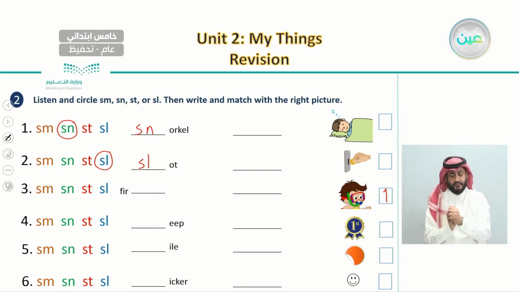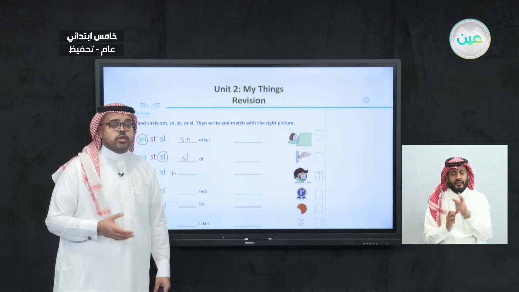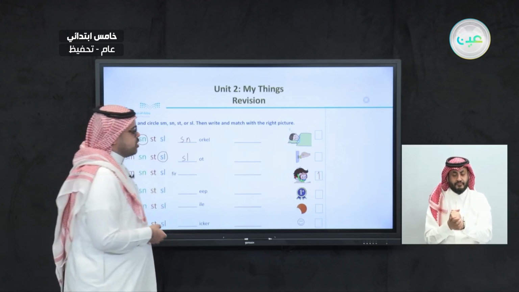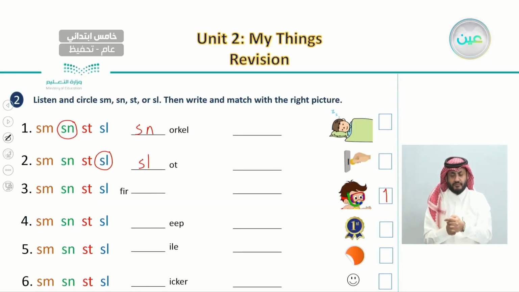And after this, we'll go around and try to match the word with the picture. If we go around here, we can say that this picture represents this word, number 2.